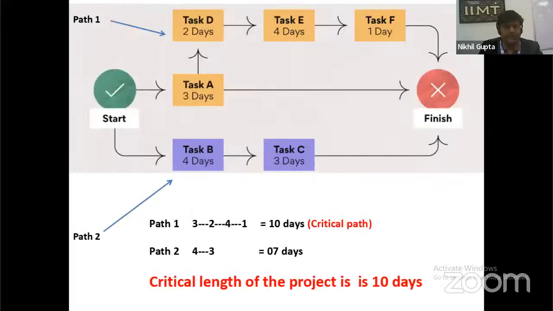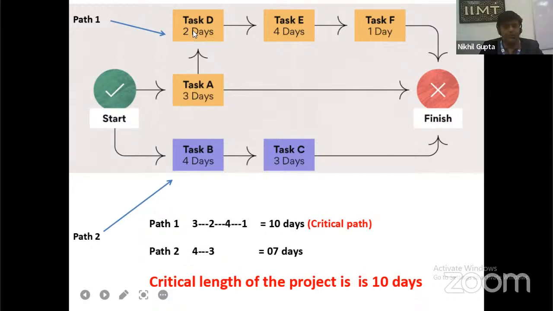Next example, this is the graphical layout view, which is the starting event. This is task 1, which takes 3 days. This is task 2, which takes 2 days. This is task 3, 4 days. Next task F takes 1 day, and this is the finishing event. If we take another path, task B takes 4 days, task C takes 3 days, and this is the finishing point.